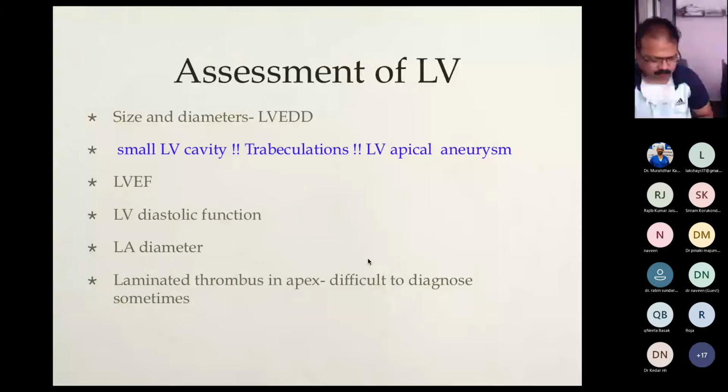So that's why it's important. For LV diastolic function, usually you expect grade 3 diastolic dysfunction pre-bypass, and post LVAD it improves. And sometimes there is laminated thrombus in the LV apex, which is difficult to diagnose, sometimes needing contrast echocardiography or 3D echocardiography to rule out the clot.